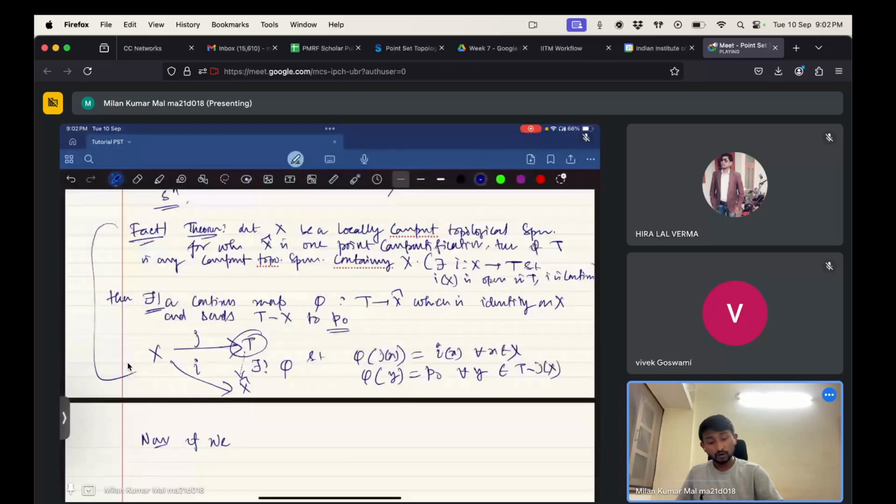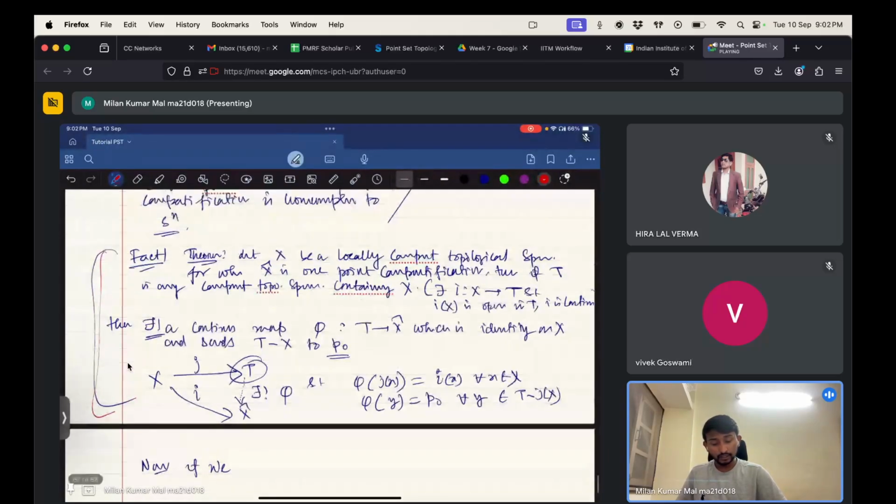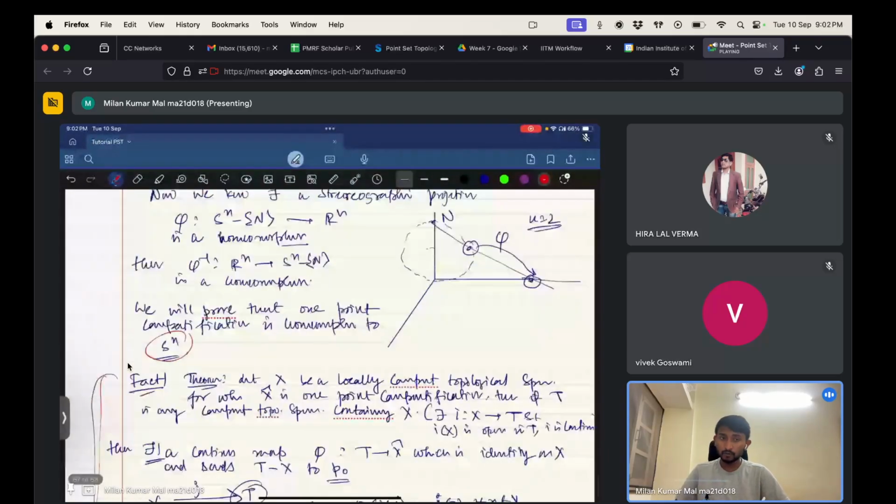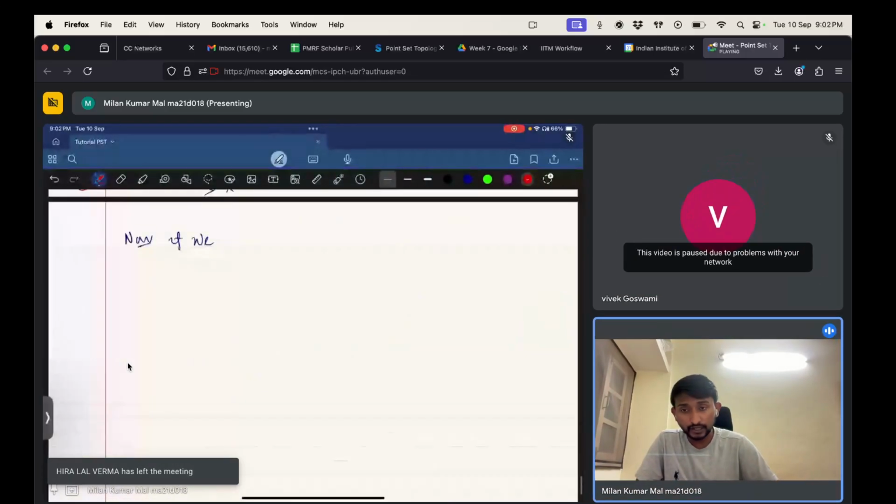Now if we go back to our old thing, I want to prove that Sn is homeomorphic to the one point compactification.